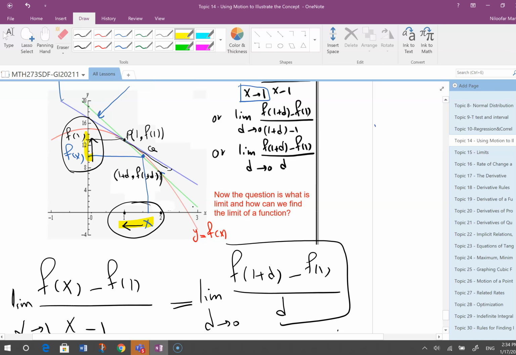And if I take x as just the green line, then this one also goes to that line, and I have the answer for the slope of the tangent line. So that's why I need to teach you topic 15, which is limit. You need to know limit, because you cannot find the slope of the tangent line without limit.